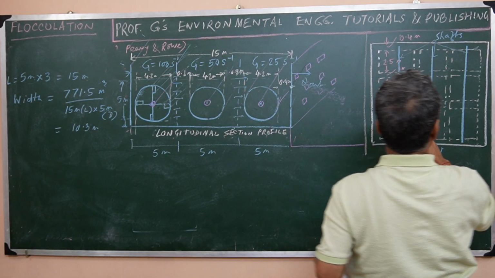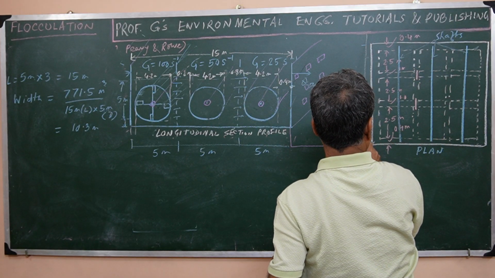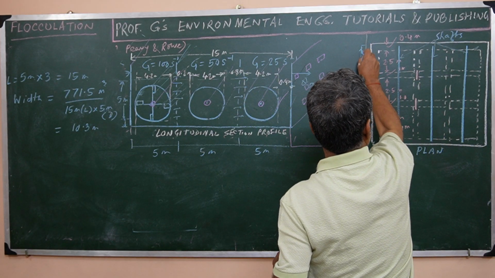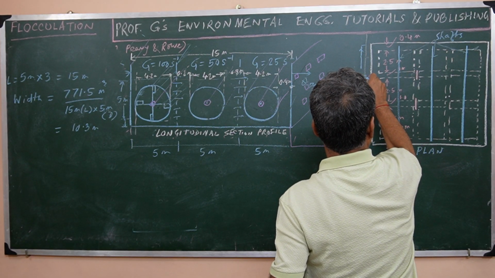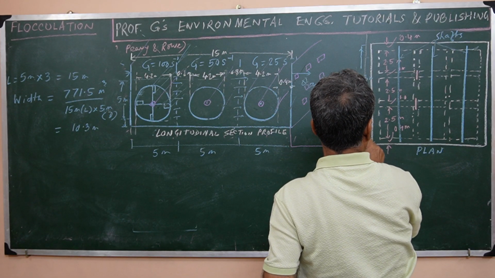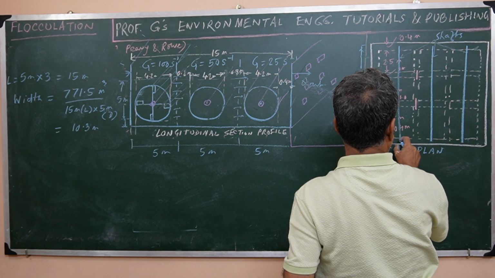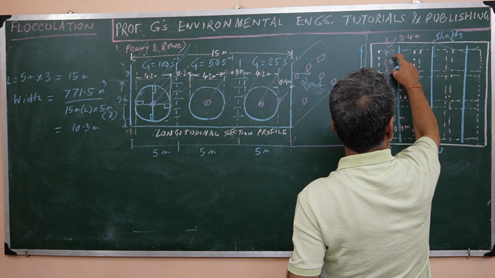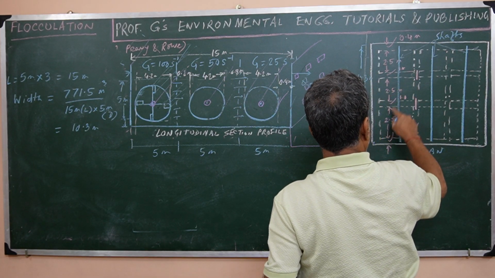So this will be 10.3 from here to here. I think I have not written it anywhere, but let me write this here. This 10.3 is the width. And how it comes? That is 2.5, 2.5, 2.5, so 7.5.